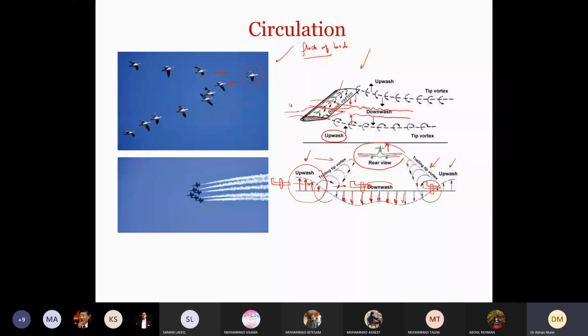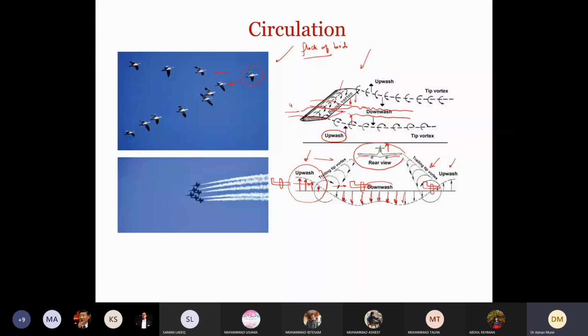And then what will be the effect of that upwash? That will generate additional force for them, so that they don't have to generate lift force by their wings, but they can use that upwash to generate the lift force automatically, right? So that is just to show you an example.